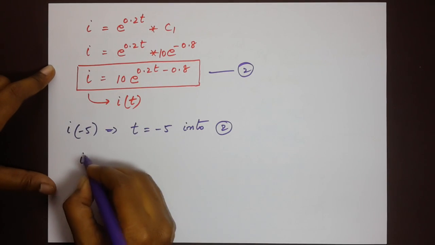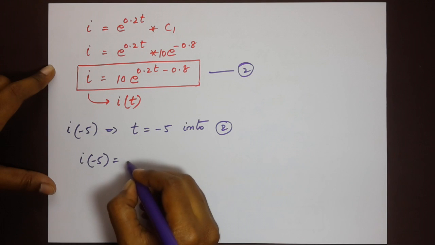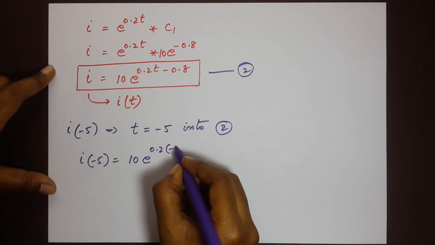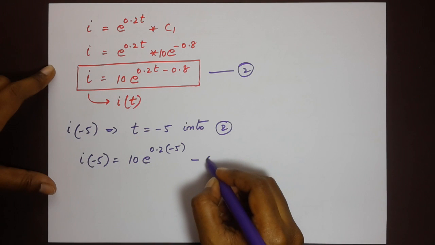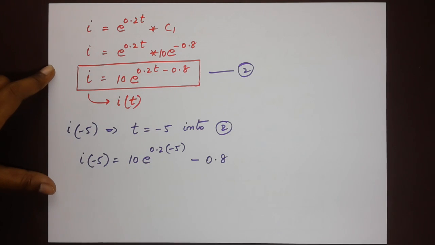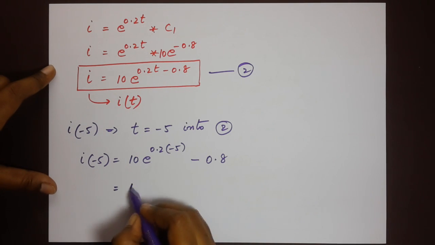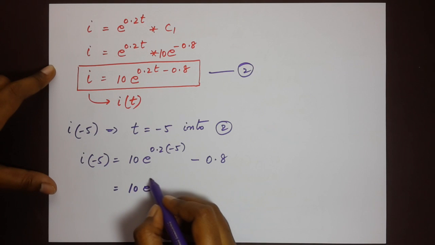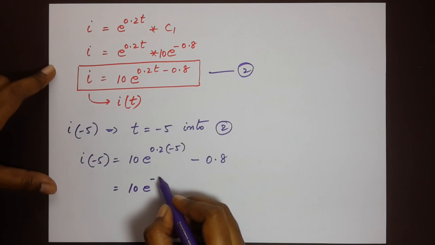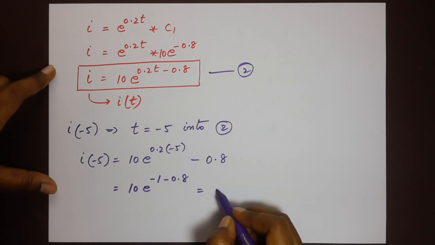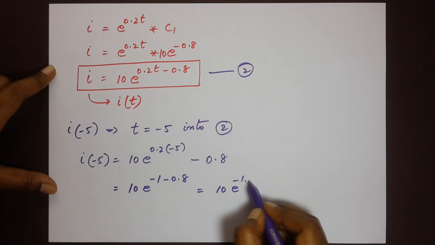We will now have i(-5) equals 10 into e to the power 0.2 into minus 5 minus 0.8. I hope you're following. Now let's solve this even further. Let's see what we get. That's 10 into e to the power minus 1 minus 0.8, and that's 10 e to the power minus 1.8.